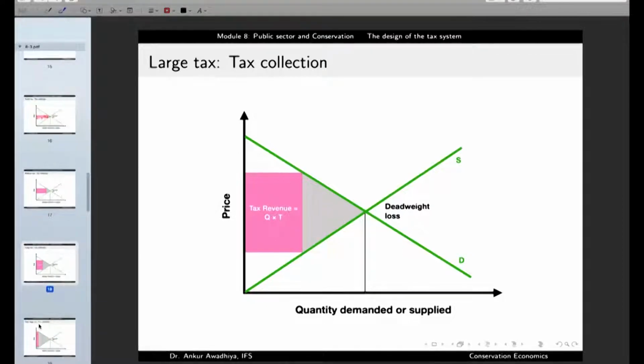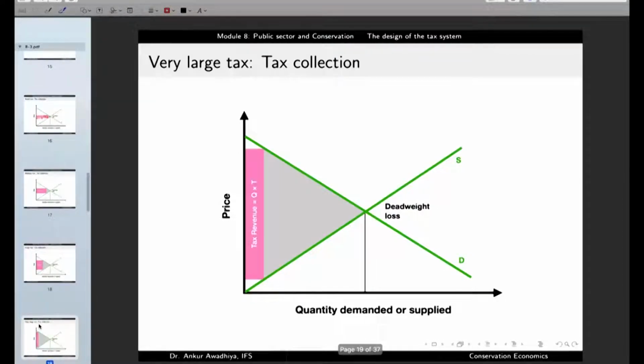But then this cannot go till infinity, because for a very large value of T, Q will become so small, because now the market has shrunk to only this much. So this is now the size of the market. Whereas earlier, the size of the market was as large as this. So in place of having this larger market, now we have only this much of a market left.